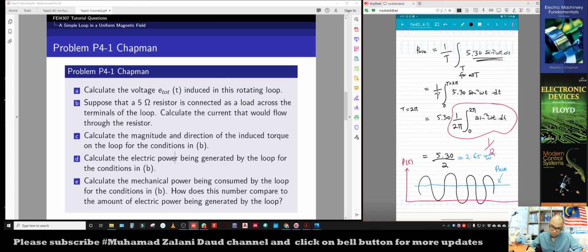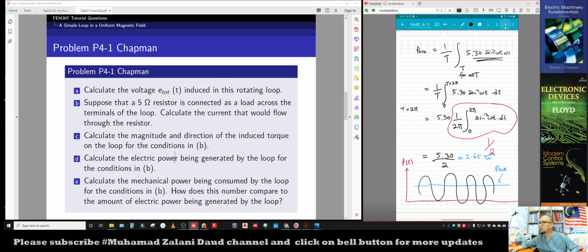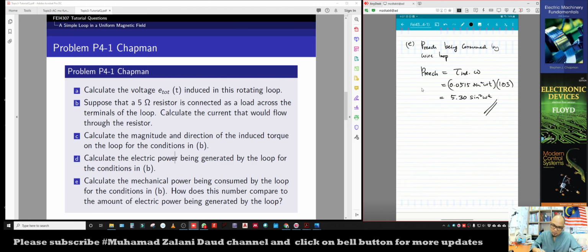We have the instantaneous electrical power, which is 5.3 sine square omega t. Also, the mechanical power is 5.3 sine square omega t, meaning that P mech equals P elect equals 5.3 sine square omega t.